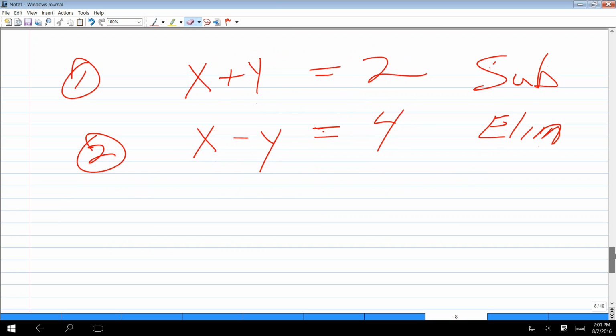However, if we look at these two equations here, I want to use elimination because they're in standard format, both of them. So it's called elimination for a reason. It means after I either add or subtract them, one of the variables is going to be eliminated. Well, what can I do to eliminate a variable?